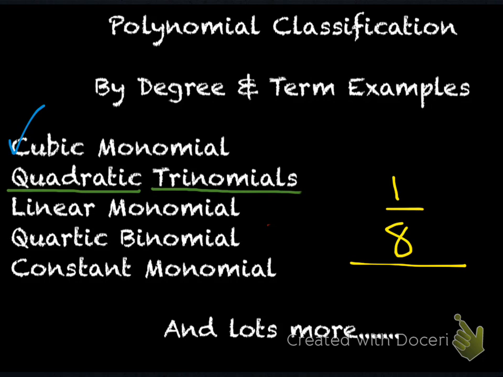It's a number, no letter, and it's just 1. Now, don't think you could do 1/8 plus 3/8, right? And think that would be a binomial, right? No, that would be a monomial. That would still be a monomial because you would combine them. 1/8 and 3/8 are 4/8, which is a half, and that's a constant monomial.